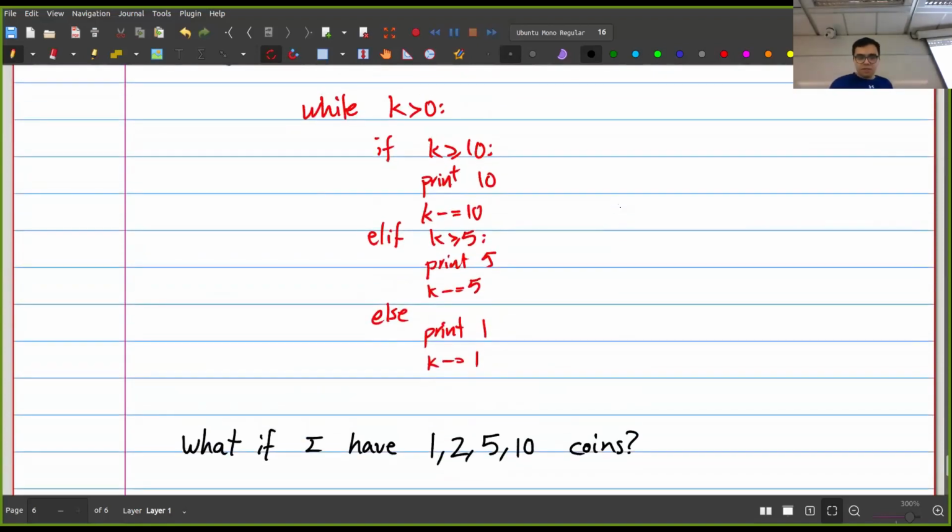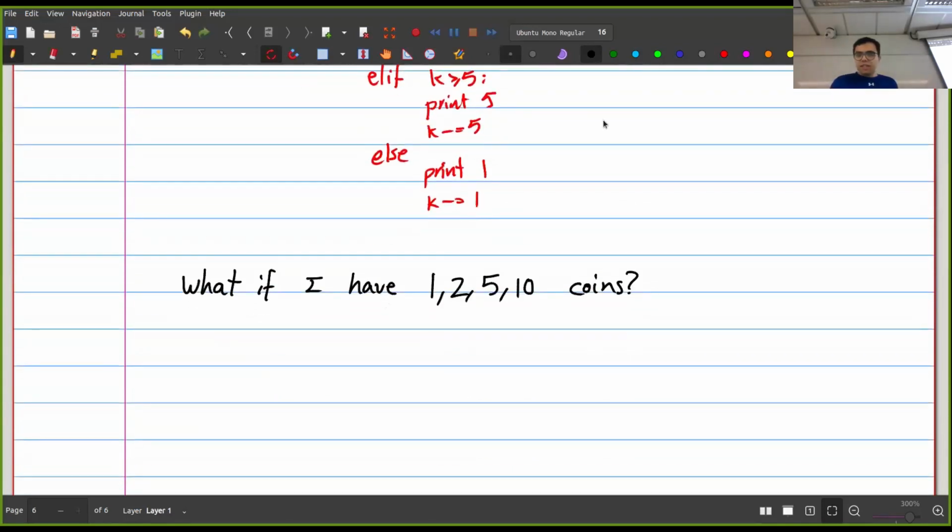By similar, of course, I mean that I'm just adding another else in between, and every time I'm just paying the biggest coin that I can pay, right? And it turns out, even in this case, the greedy algorithm works. Okay, so greedy works. But why?